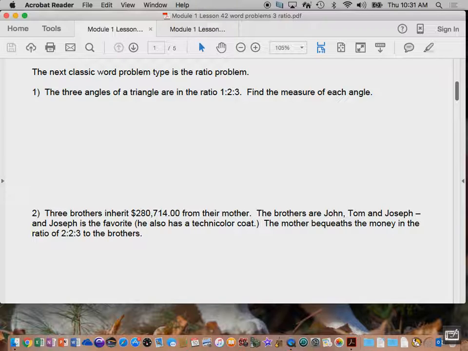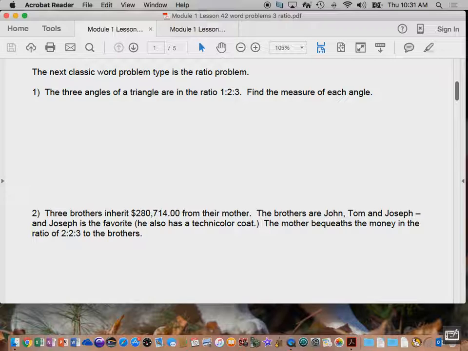When we do an algebra problem, when we don't know what something is, we always call it a variable: x, n, w, l, whatever. So as I look at this particular question, it says the three angles of a triangle are in the ratio of 1 to 2 to 3. Find the measure of each angle.